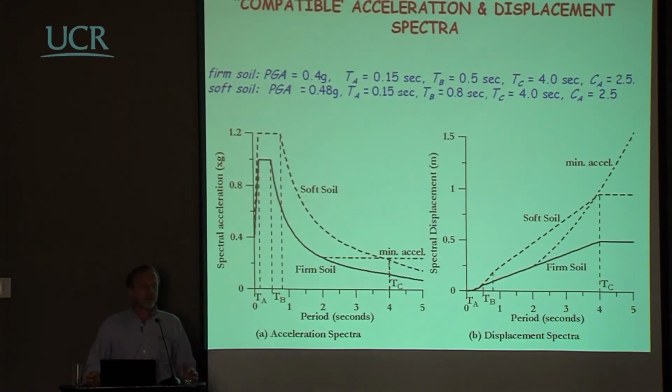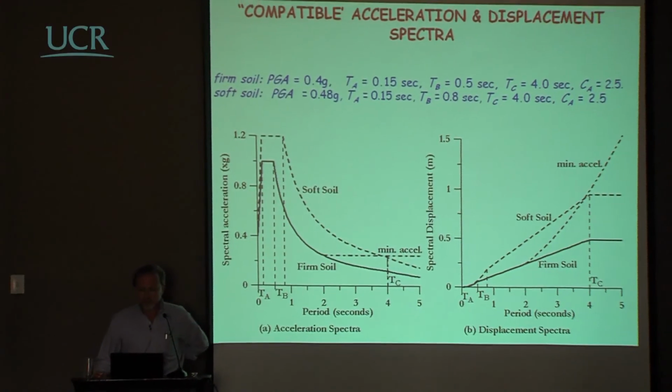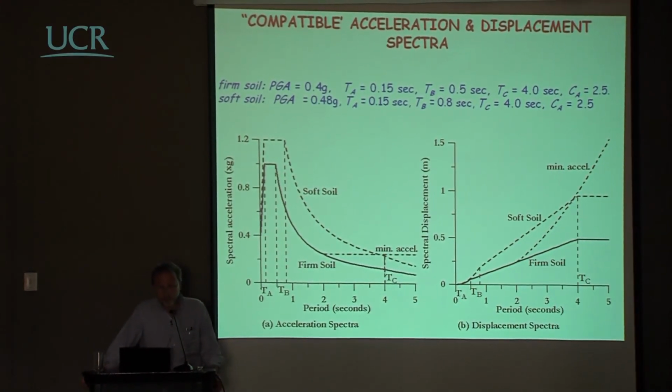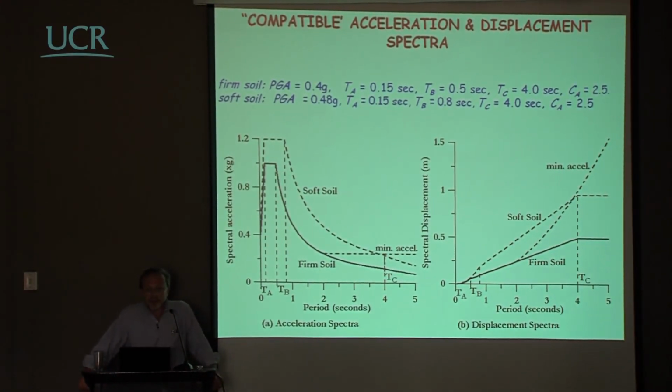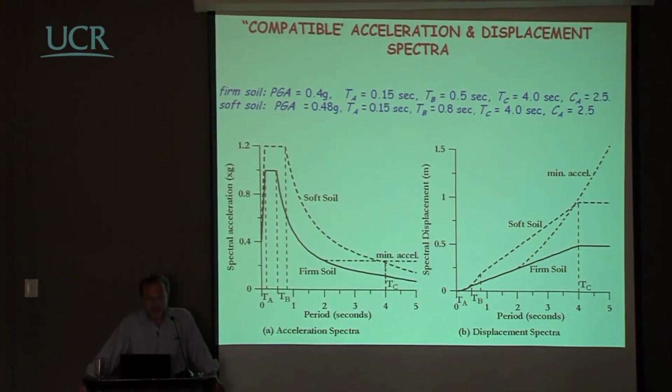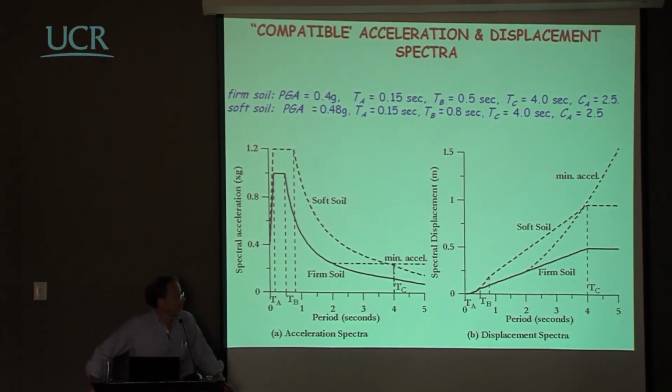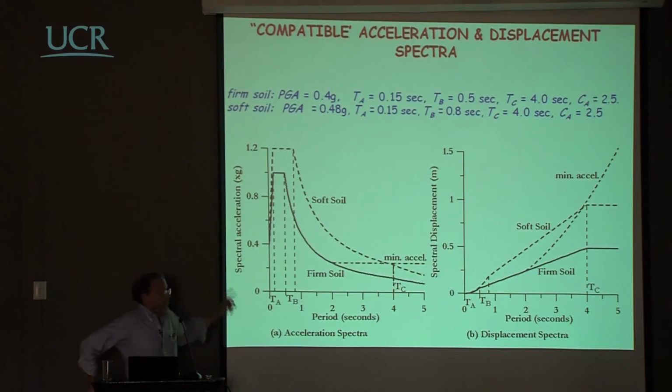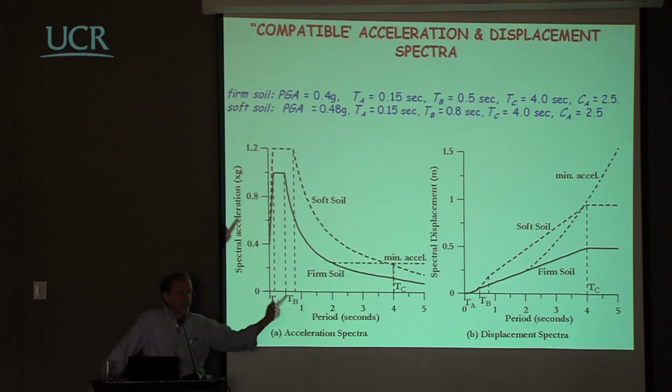And this is actually what happens if you try to derive displacement spectra from acceleration spectra. You have, as you know very well, a first branch where the acceleration spectrum is increasing linearly, and therefore the displacement spectrum is increasing with T to the cube.